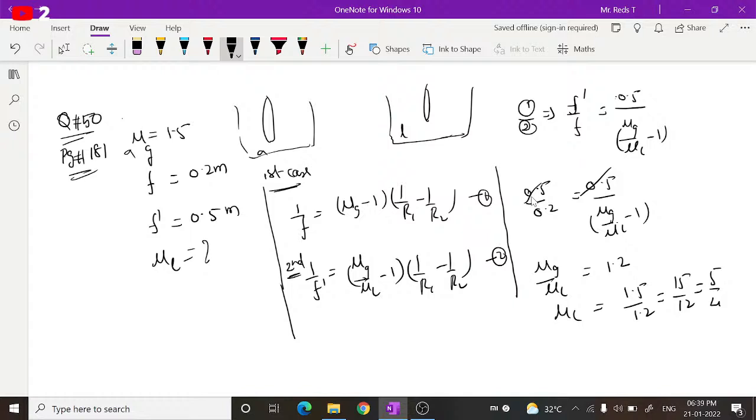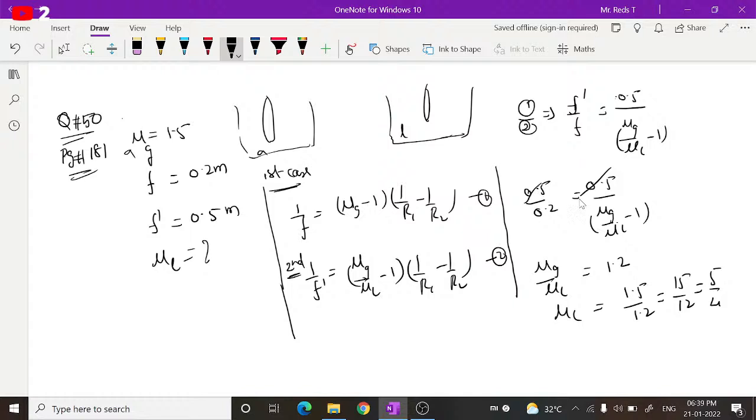So a thin convex lens made of refractive index 1.5 and its focal length is 0.2. F is 0.2. And it is immersed in liquid. It will behave like a concave lens of focal length 0.5 meters. F dash is 0.5.